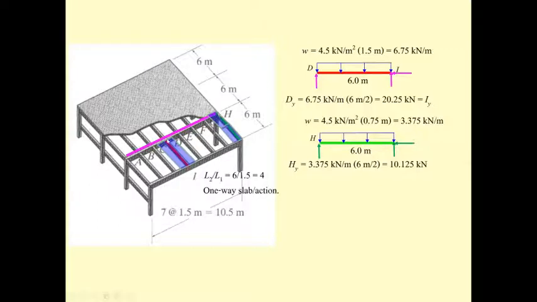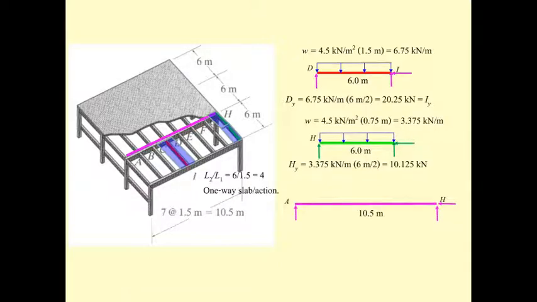Again, come to the beam DI. The beam DI applies the reaction at D of 20.25, and there is the beam on the other side. So the pink beam is going to get the load of 20.25 and 20.25 at point D. So at point D, we have the force of 40.5.